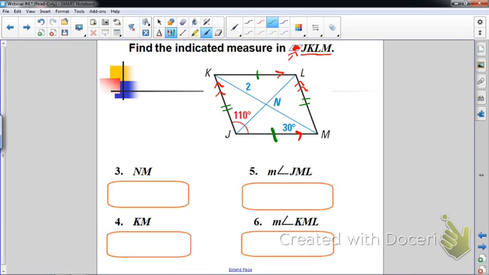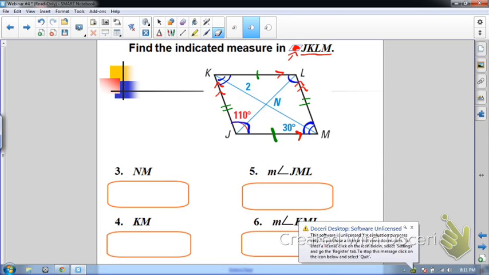I also know that the opposite angles are congruent. So let me go ahead and highlight that with a different color. I'll put it in blue. So J will be congruent to L, and M, I'll put it in two little arcs here, is congruent to K. Now remember, we also have bisection of the diagonal, so I know that this will be congruent.